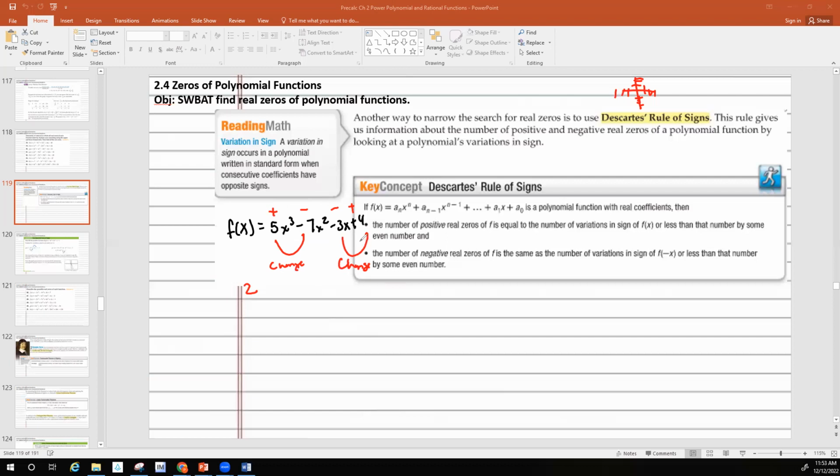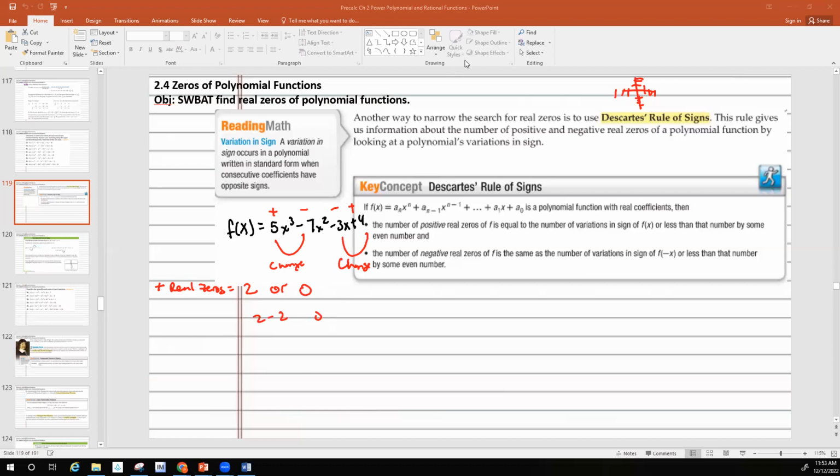So the number of positive real zeros is equal to 2 or 0. So 2, and then you always go down by 2. So 2 minus 2, 0.